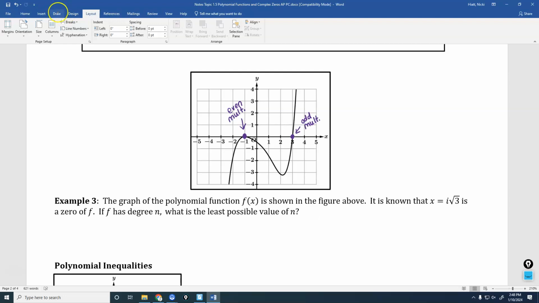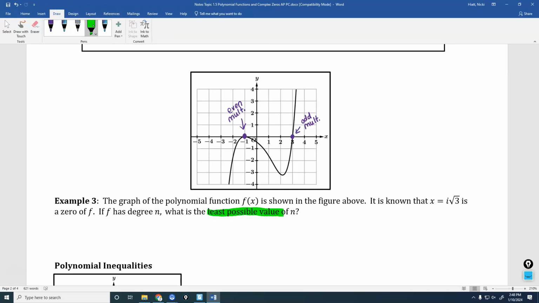Now, our question is asking us for the least possible value of n being our degree. So if we're looking for the least possible value of n, then we would assume if I have even degree right here, that this is a multiplicity of 2. That's the very least it could be. It might be 4, it might be 6, it might be 8, but the very least it could be is 2.